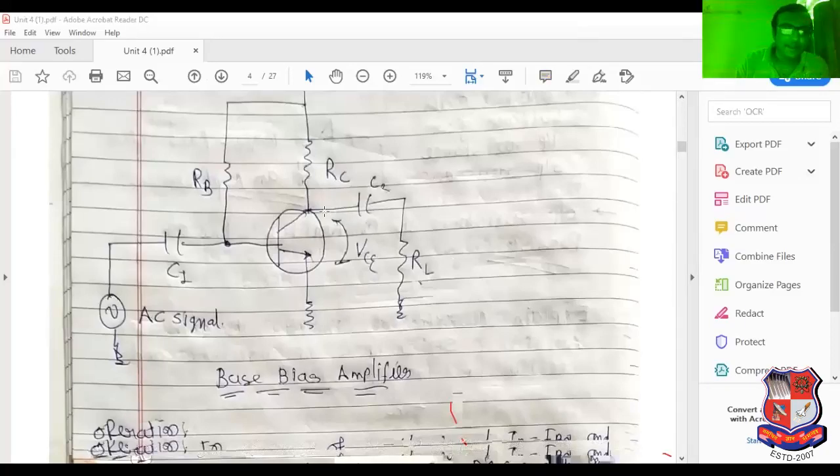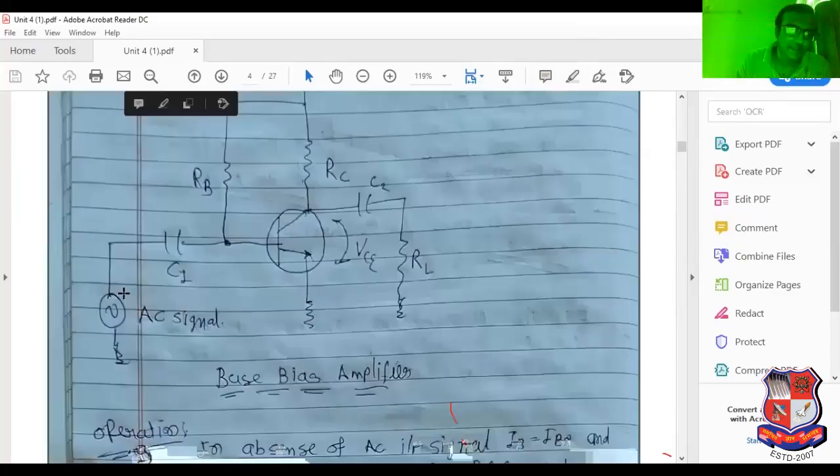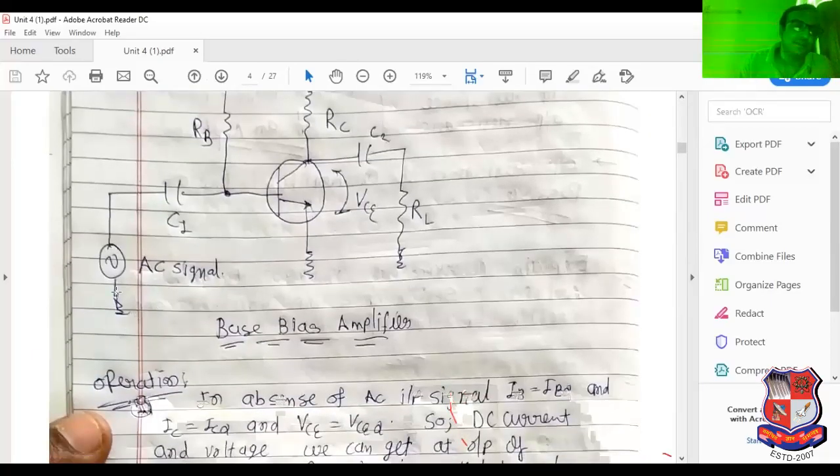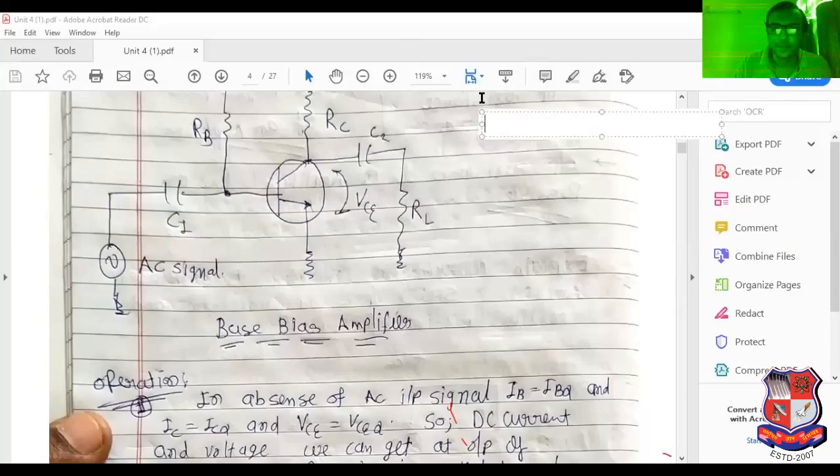Now we can apply the simple input signal. Obviously, if the input signal is applied to the base, then base current flows, then collector current flows. Remember my word for a long time until basic electronics is completed. I have written here one text in red so you will be able to understand.